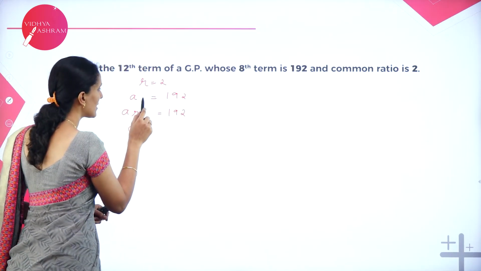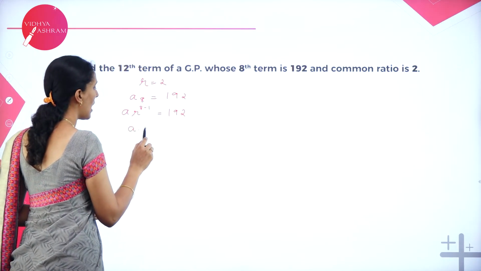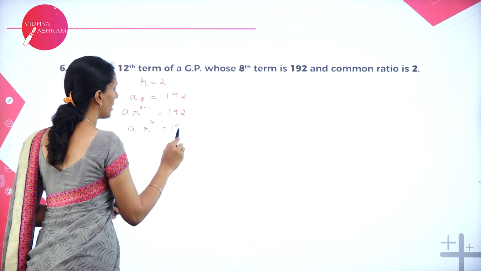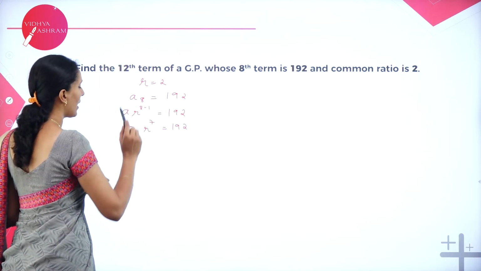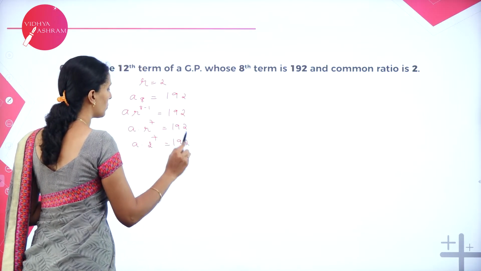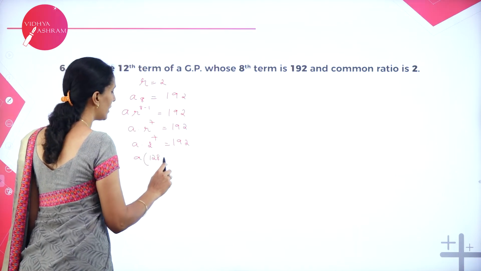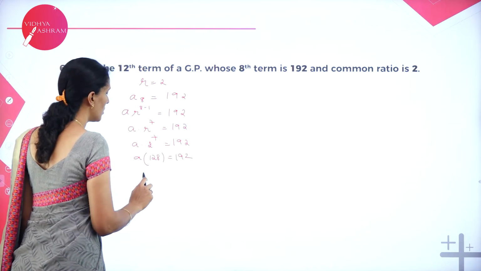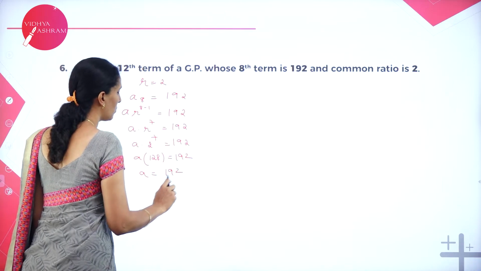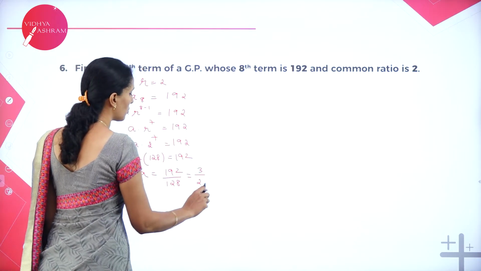We can write this as a r power 8 minus 1, so r power 7, is equal to 192. Now r is given as 2. a into 2 power 7 is equal to 192. So what is 2 power 7? So a into 128 is equal to 192. So a is 192 by 128. You will get the value of 3 divided by 2.